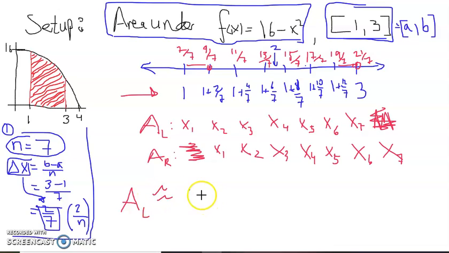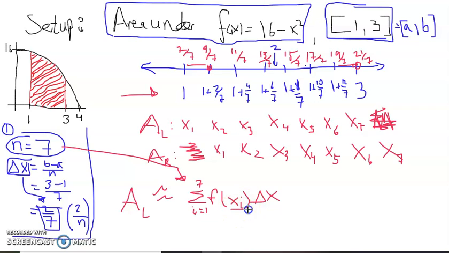We're estimating it using 7 boxes, and those boxes are going to be from i equals 1 to n, and in this case n is 7, of f of x_i delta x. That's how we approximate it. That is the formula, as you may remember from part 7.